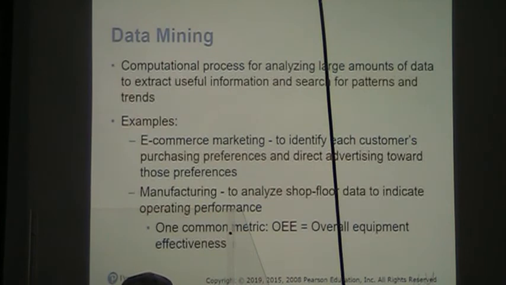I've got something that happened back in the day. Ford had a plant in Pennsylvania. At that plant, they were making cars, of course, but the only metric that management was being evaluated on was OEE, the Overall Equipment Effectiveness.